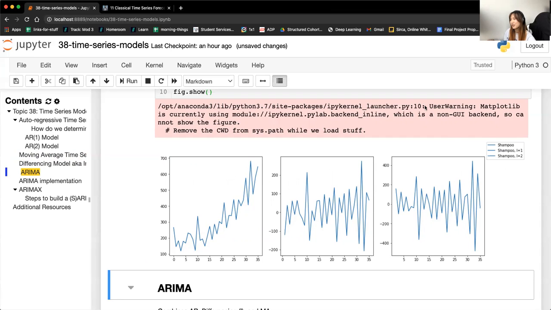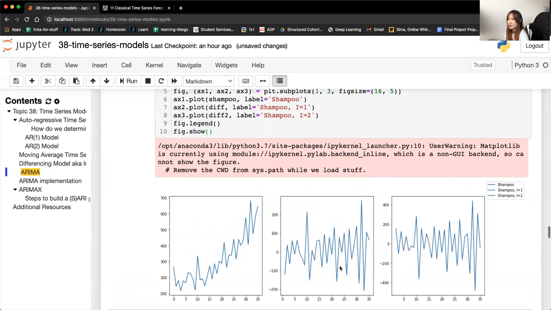If you keep differencing, your data will converge to a straight line. Differencing makes it easier for a model to detect patterns because it takes away that upward or downward element. So yeah, questions about this so far?